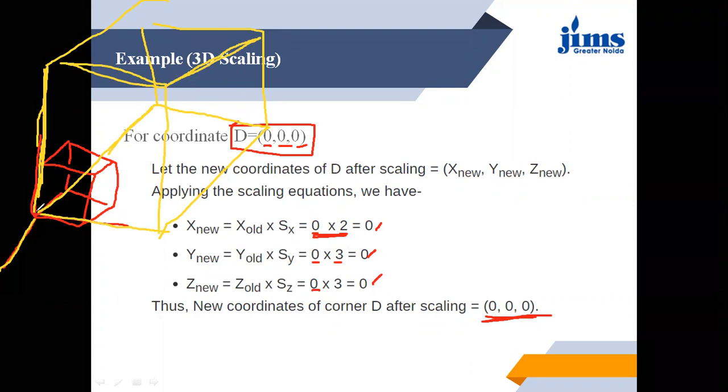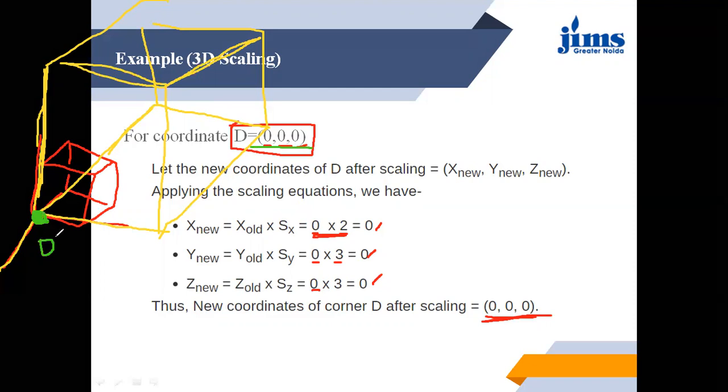So you can conclude from here that one point, that is D, the origin, is going to represent the origin over here. The coordinates of D are 0, 0, 0. It means it represents the origin, so one point of the object remains the same.